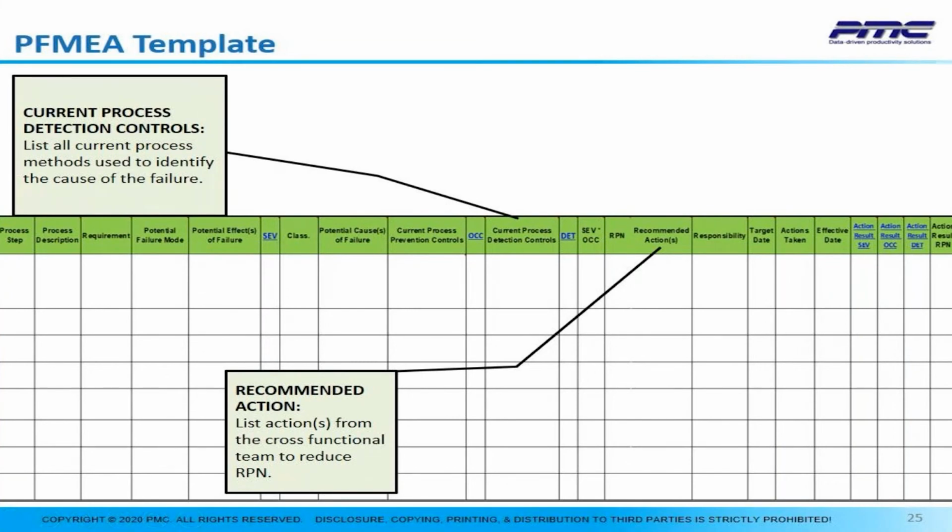So you're going to have to monitor your recommended actions implementation for a while, and then you're going to have to reassess your severity, occurrence, and detection based on the recommended actions. Then will be your action result RPN. So the expectation is that you have to reduce the RPN that you started with through the recommended actions.